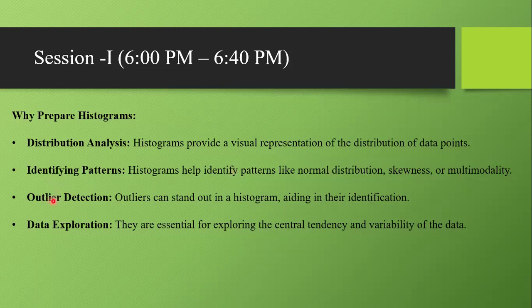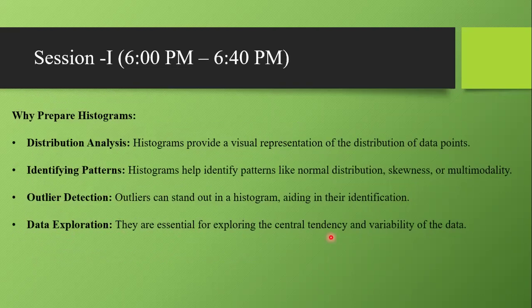The third thing we need to check is outlier detection. From a histogram, we can check if there is an outlier in our data; outliers can stand out in a histogram. When I perform the histogram steps in SPSS, you will see that there might be some points that stand out from the histogram, aiding in their identification. So it will also let you know the data exploration. They are essential for exploring the central tendency and variability of the data.